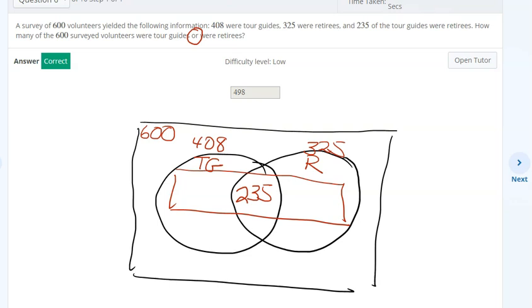And let me pause and do that. So filling in, after I subtract this from that, I get 173. Subtract this from that, I get 90. Adding these three together, I get 498, and this person had it correct.